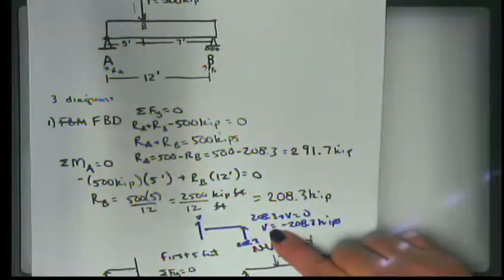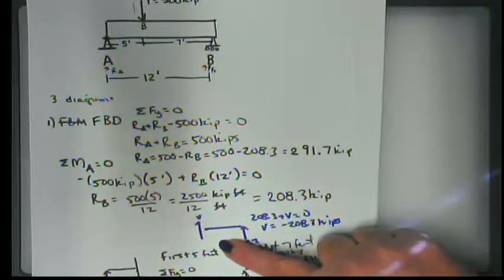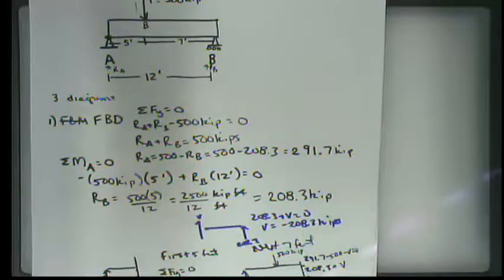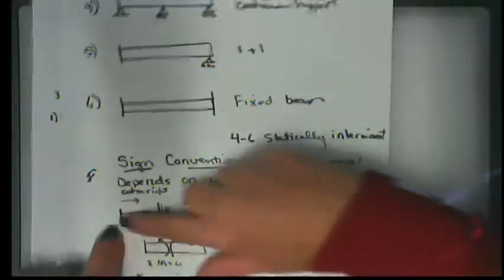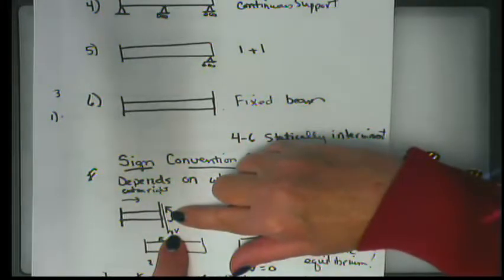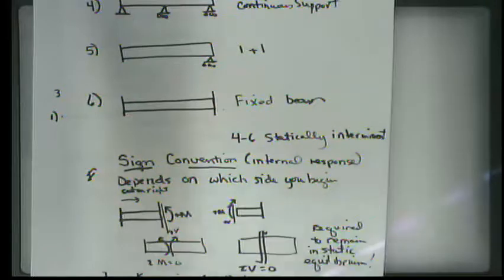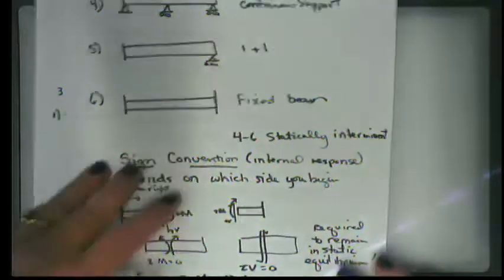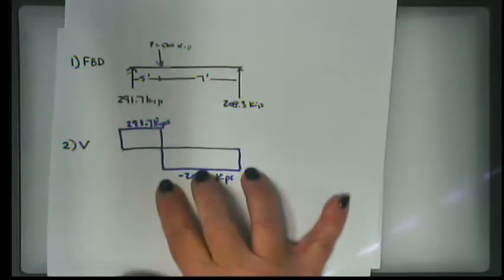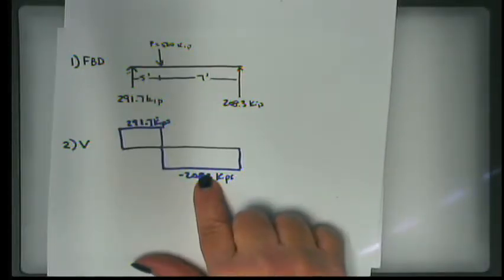It's tied into the idea that the sign convention takes that into account. When you cut this way, you draw V down as positive. When you cut this way, you draw V up as positive. So you're already taking into account the fact that what you're really talking about is a shear plane. Good question. All right, so here's my shear diagram.